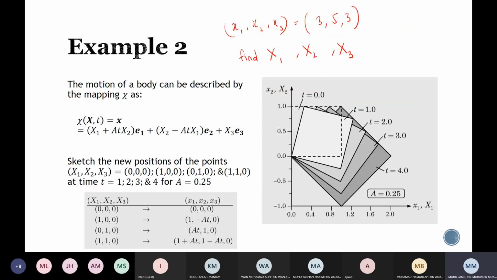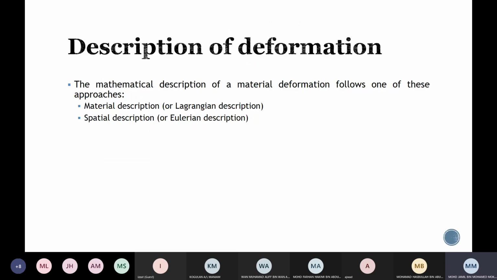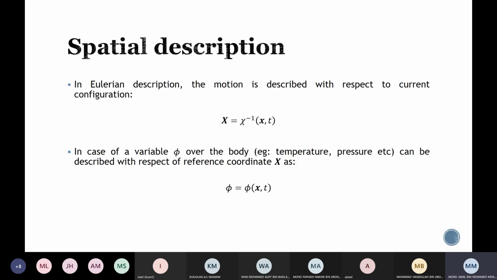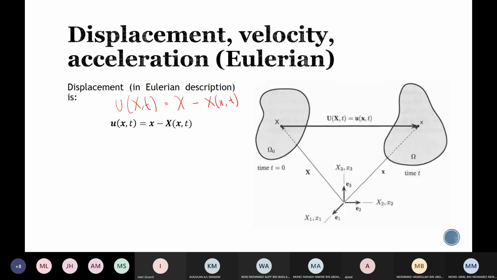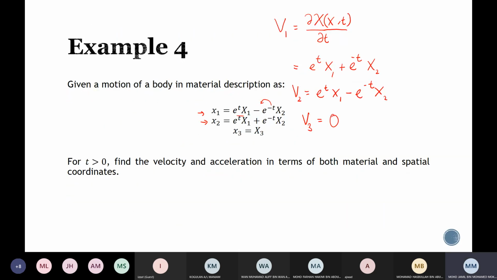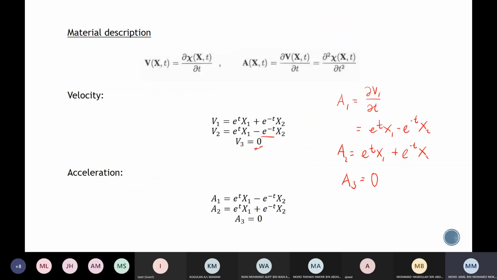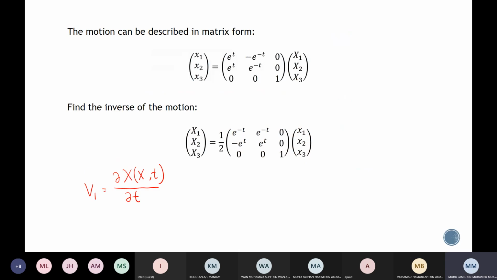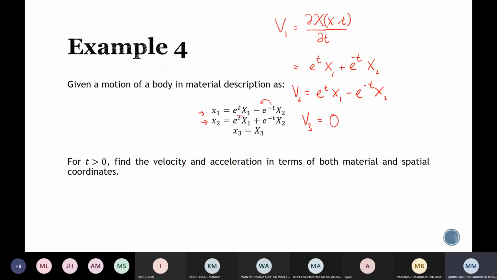Like this one, sketch the new position of a material. So two questions come out, one from sketching and one from calculating the velocity. So I hope you can study for this. The calculation is a bit difficult, but the concept is okay, good.